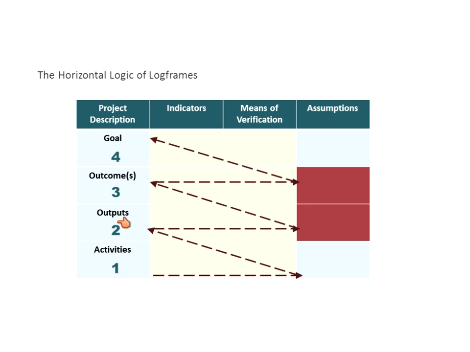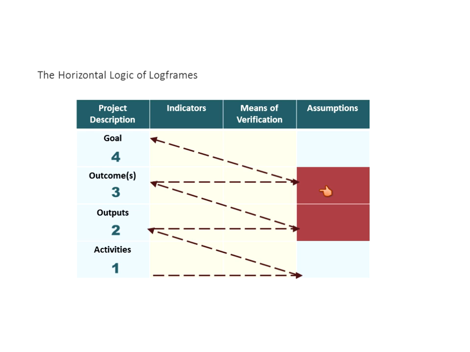So let me go to the outputs, because it's essential that you do the activities to produce the outputs, and that you do produce all of the outputs that will contribute to your outcomes, but you also have to have your assumptions hold true. And then if your assumptions hold true at the output level, then you will contribute to your outcomes.